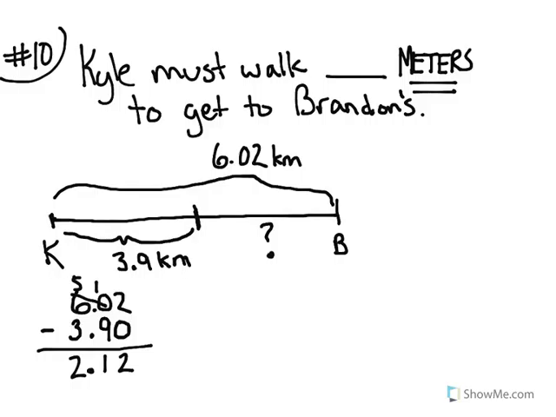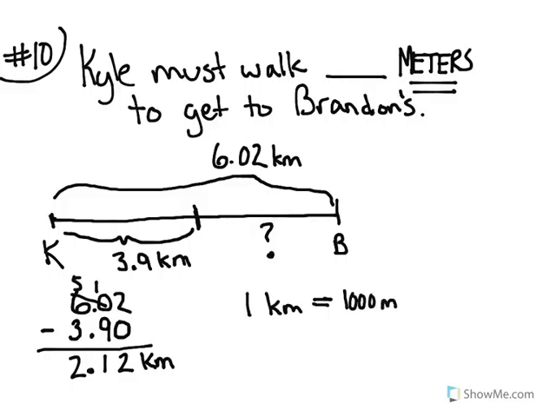Multiplying and dividing are different. So now I know that this is 2 12/100 kilometers. But remember, I wanted meters. Meters! So I need to know how to convert kilometers to meters. So I'm going to look at my conversion rate. 1 kilometer equals 1,000 meters.